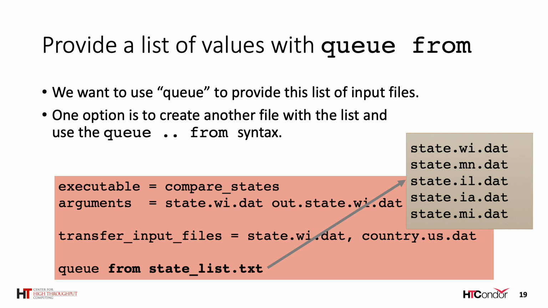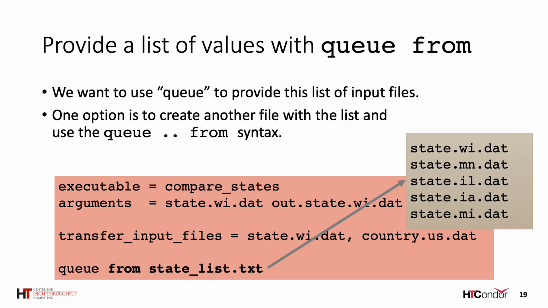You can see at the bottom of the submit file, I have my Q keyword, and then I've added the from keyword, and then the name of a file, and that's the contents of the file, or the box on the right. In that file, I've put my list of different input values. So I'm going to provide my list of inputs in that separate file and reference it in the from statement.